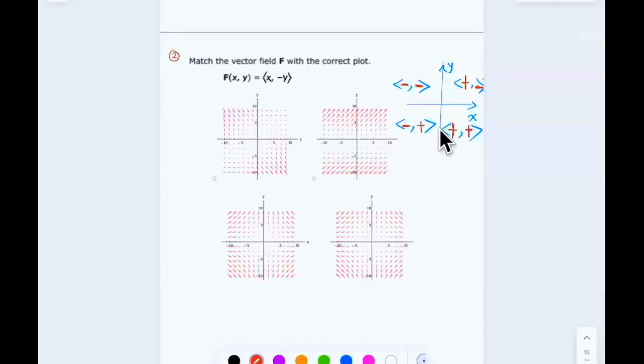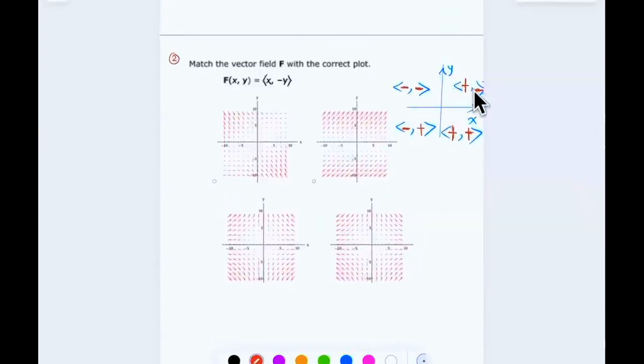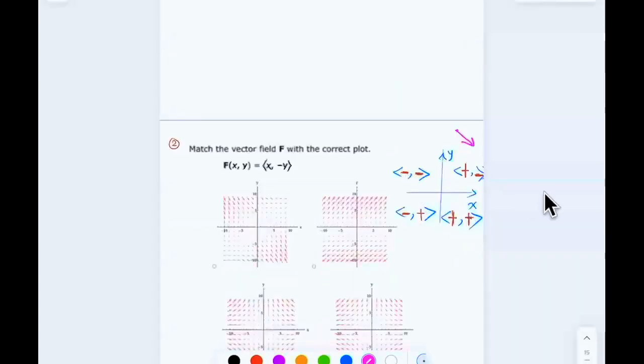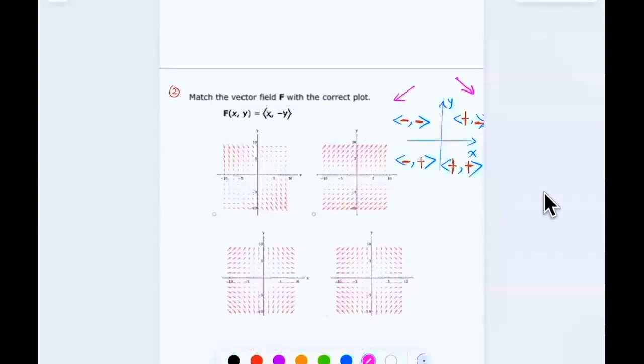Let's see which one matches. This one is positive, negative. So what kind of vector do we have? It's positive x and negative y, so it's going to go this way. For this one, negative, negative, it goes this way. Negative, positive goes this way, and positive, positive goes this way.